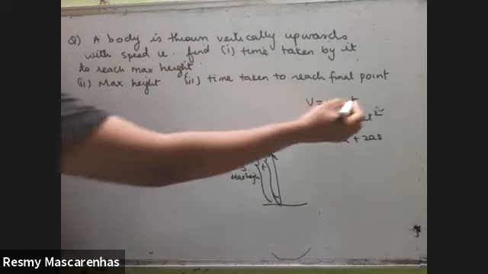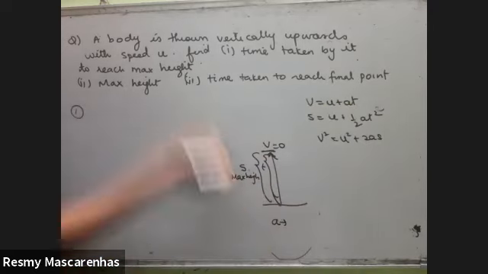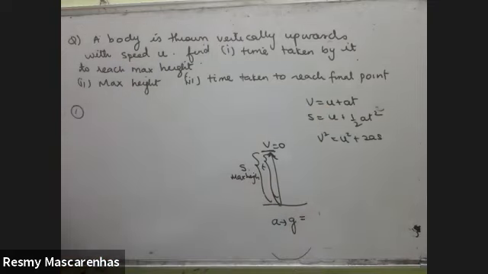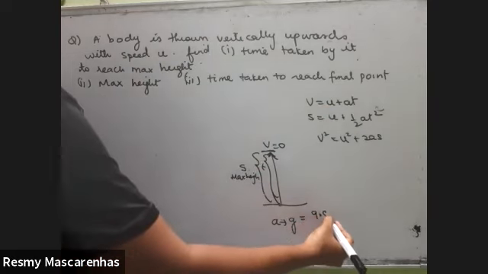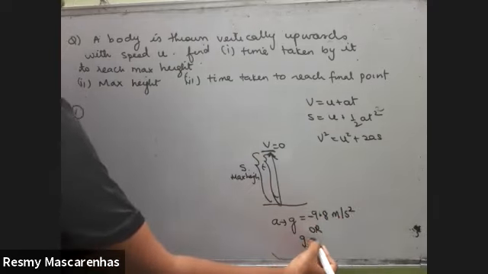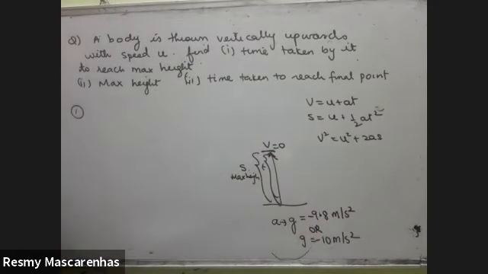Now over here, acceleration due to gravity is whichever a is there. Whenever a body is thrown vertically upwards, it's always taken to be g. Now g is a fixed thing, 9.8, or sometimes they take it as 10 meter per second square. If the problem specifies to take 10 meter per second square, then you have to take it as 10.